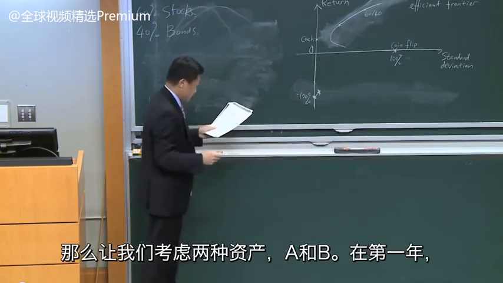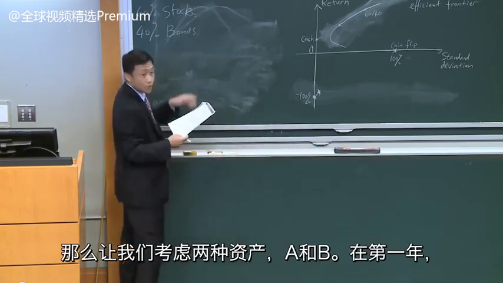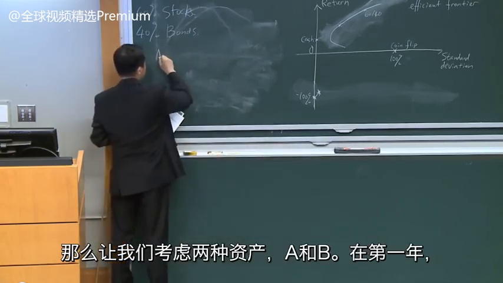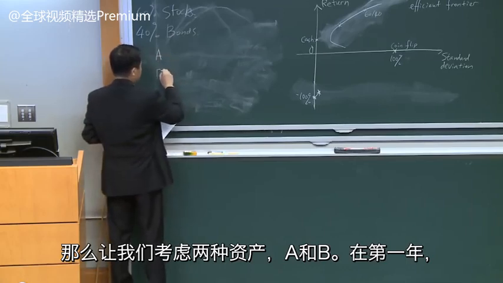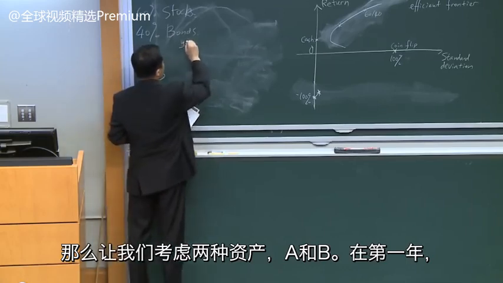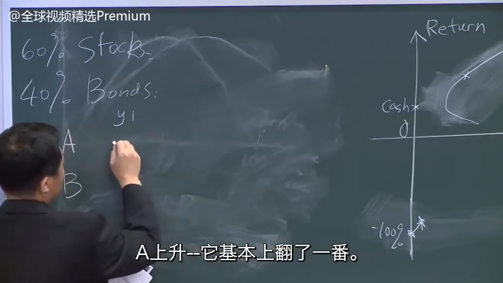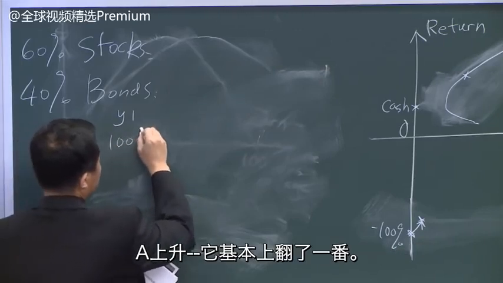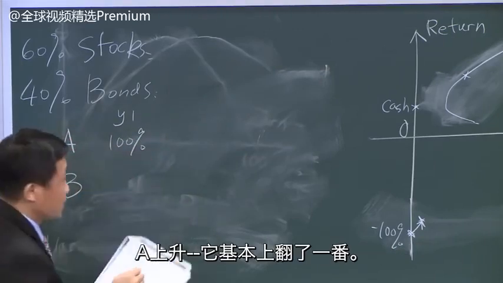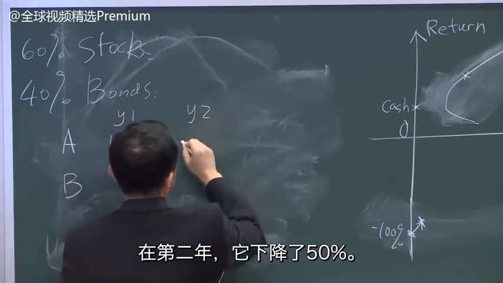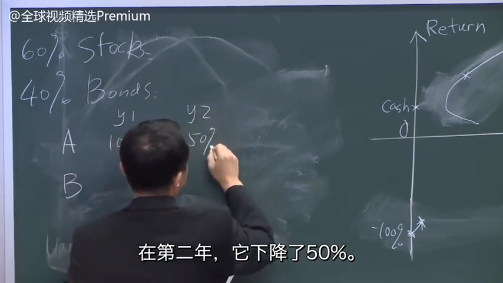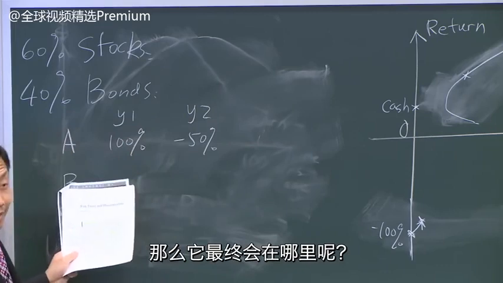Let's consider two assets, A and B. In year one, A doubles, and in year two it goes down 50%. Where does it end up?